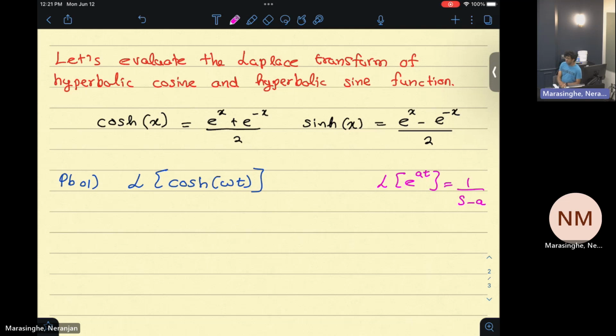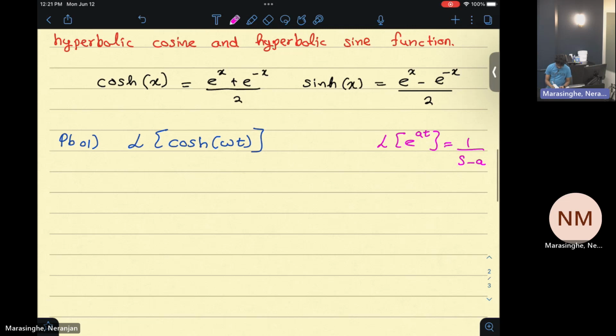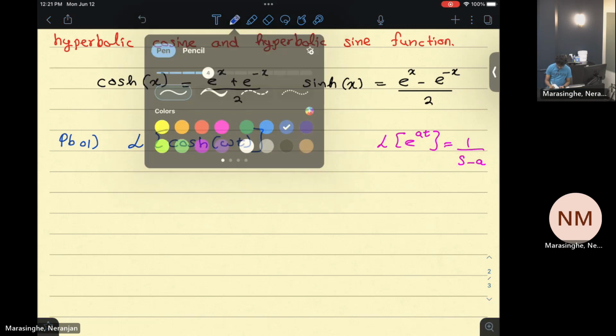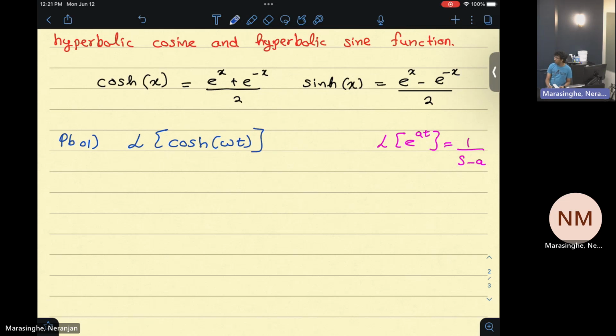Did anyone get the answer? So let's insert the definition of hyperbolic cosine.